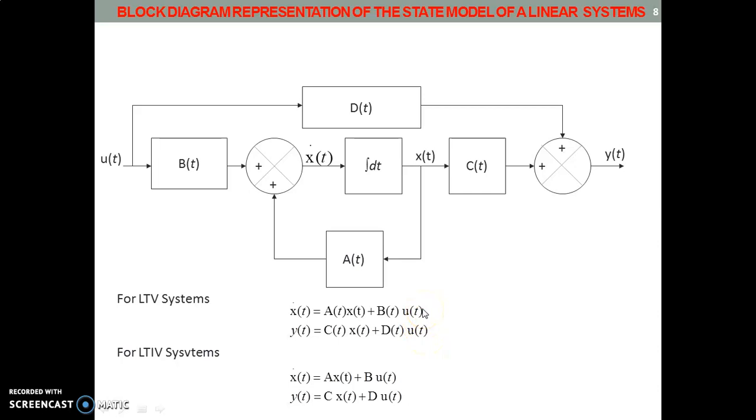If it is a linear time invariant system, then A of t, B of t, C of t and D of t matrices are constant values, right? So A of t is nothing but A, B of t is equal to B, C of t equal to C, D of t equal to D, that means those are not depending upon time. At that time these are fixed values.